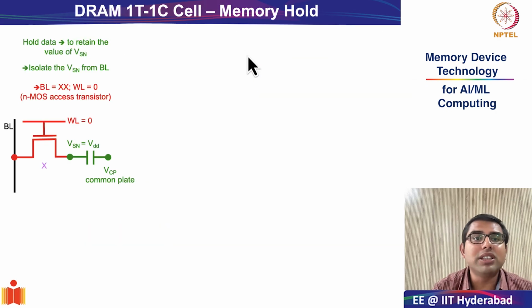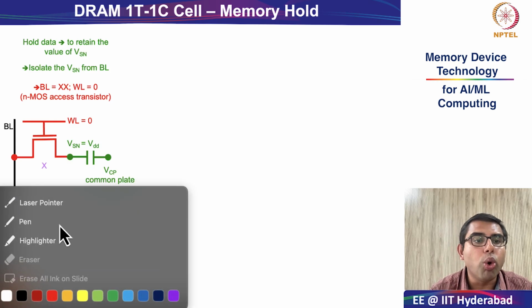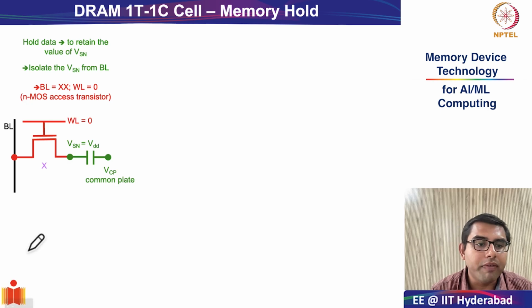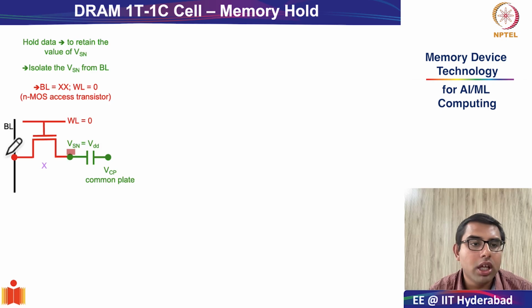The next thing that we will study is the most vital operation, which is your memory hold operation. As you know, in the memory hold operation, the philosophy is very simple. The idea is that you need to hold on to the value which is written on the storage node, and to do that, you have to completely disconnect the storage node from the bit line, or decouple it.